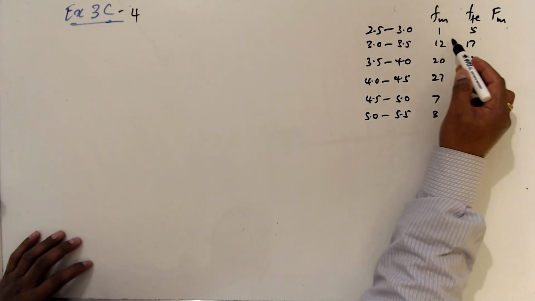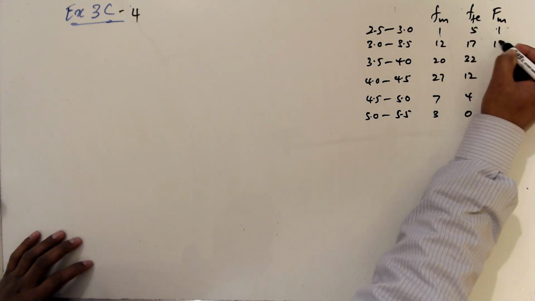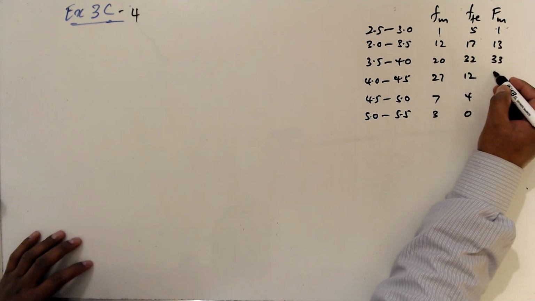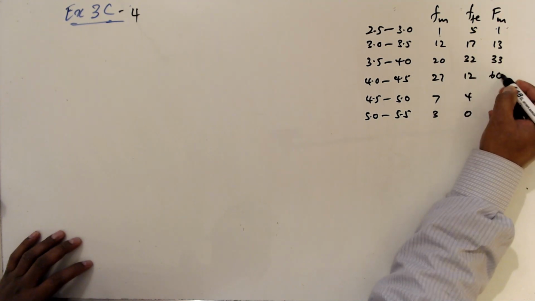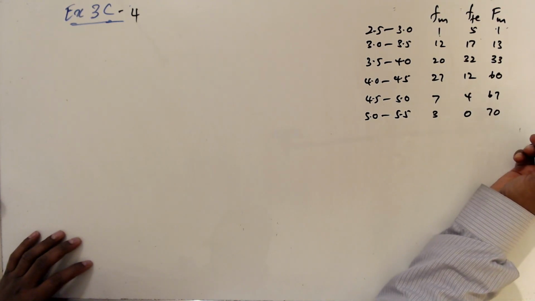So this is going to be 1, 1 plus 12, 13, 13 plus 20, 33, 33 plus 27, 60, 60 plus 7, 67, and 70.